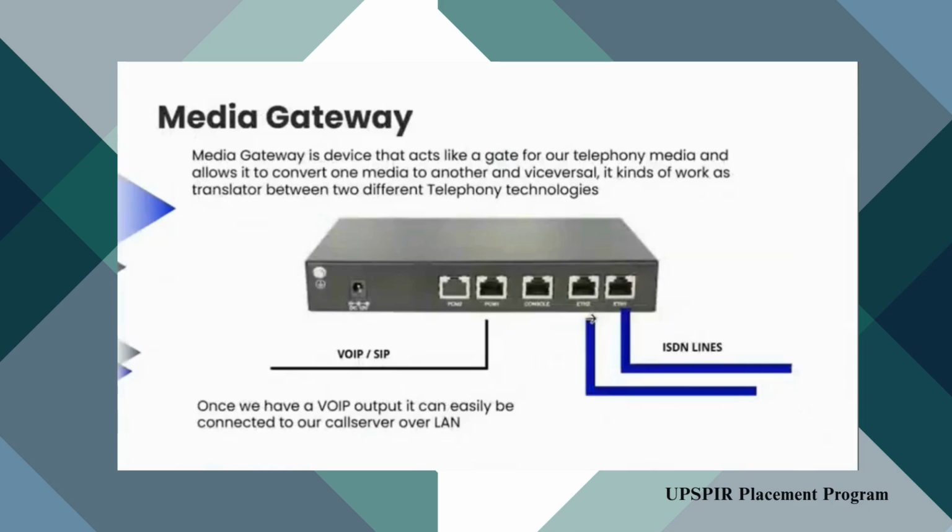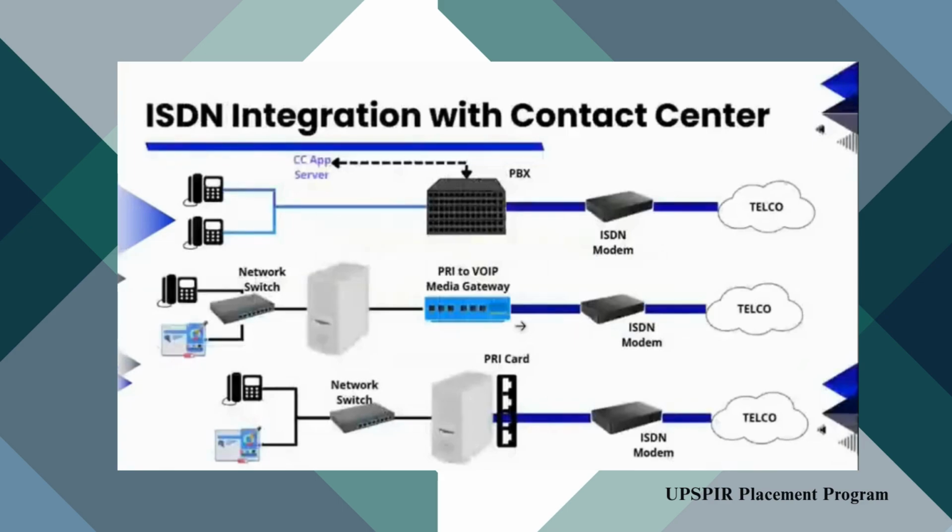It has ports where you can plug in the ISDN lines, and on the other ports you can plug in your LAN cables. As we know, VoIP is voice over IP. It works on LAN. So through this LAN cable, we can connect this to our call server, which is SIP enabled. So the telco lines in a way are converted to SIP technology itself.